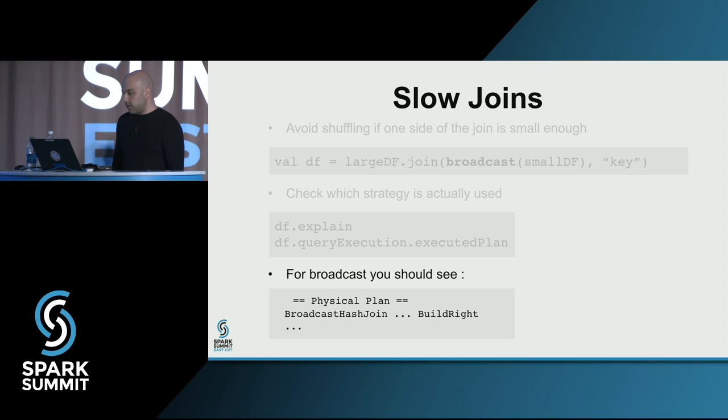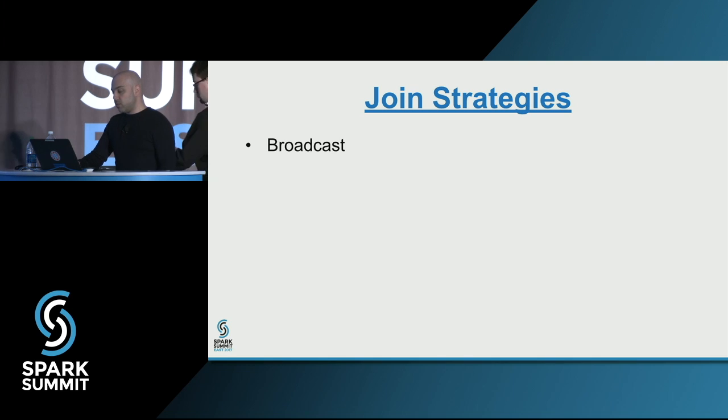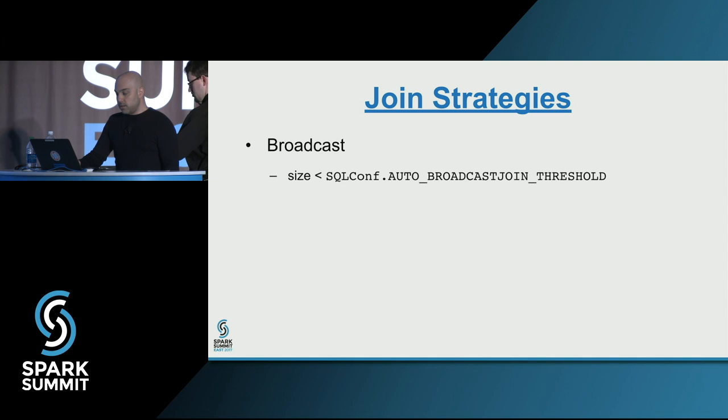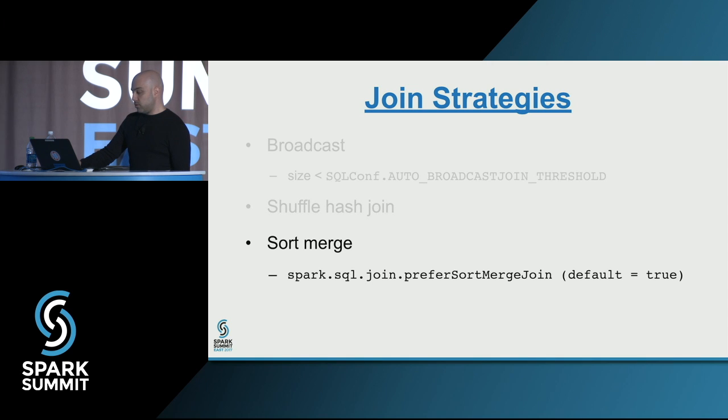Otherwise, you don't get the optimization. There are several join strategies in Spark. The one I just mentioned, the broadcast hash join strategy. There is the shuffle hash join strategy, the sort merge join strategy, which is the default.